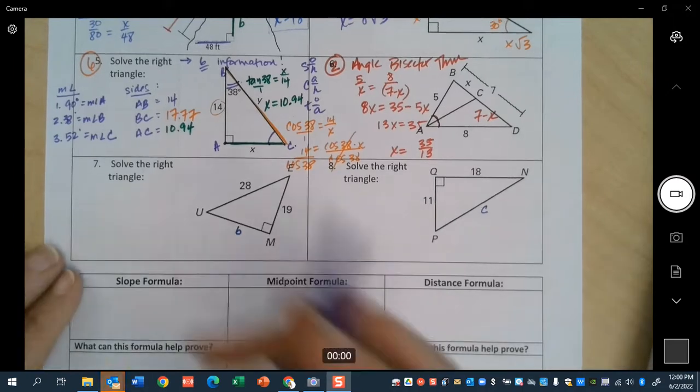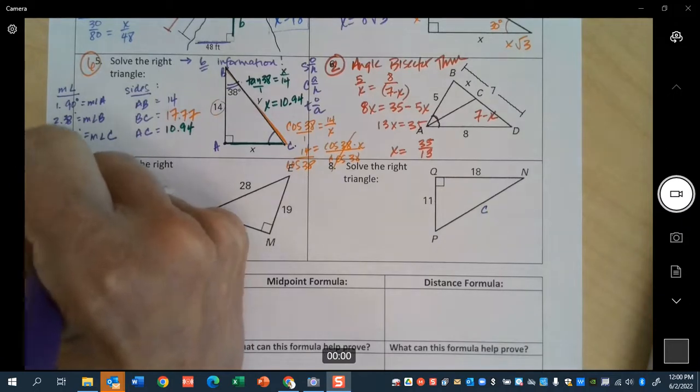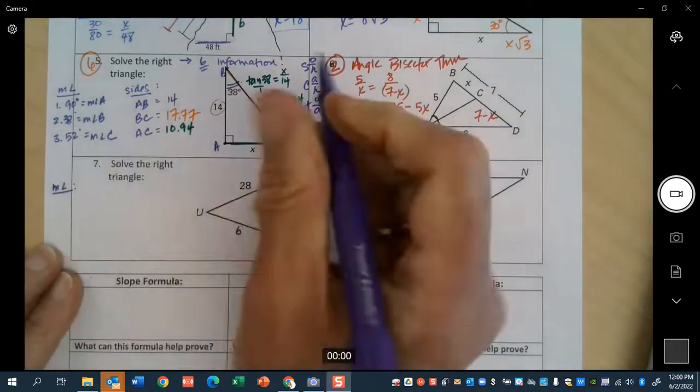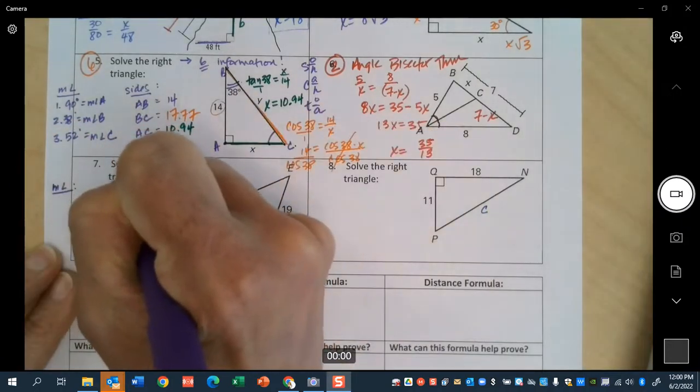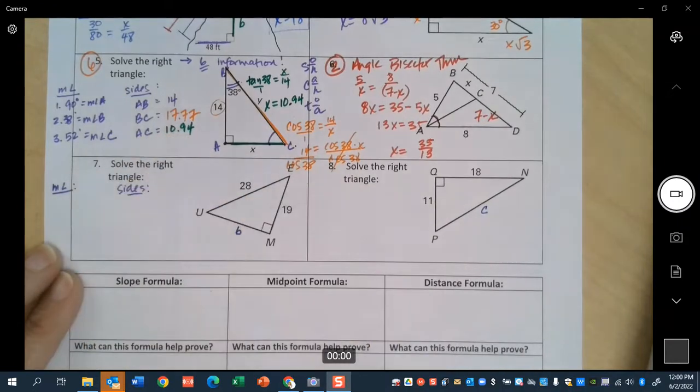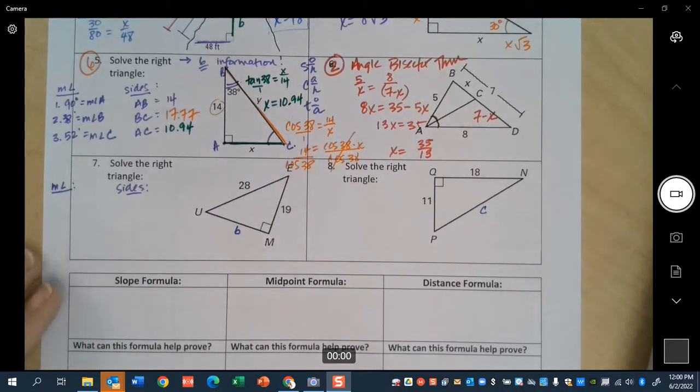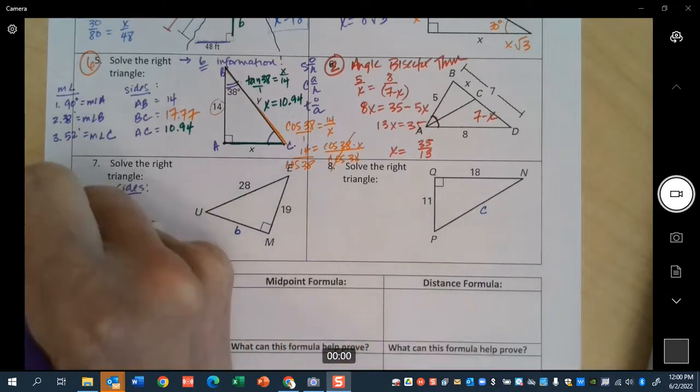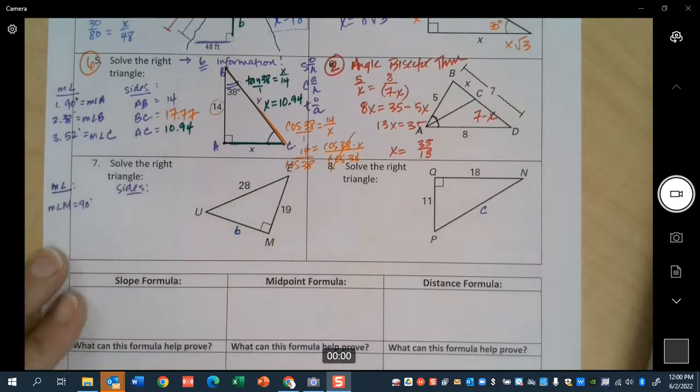If you want to solve these and not lose any of your measures, what you need to do is use Pythagoras to find the side that you're missing. All right, let's talk about what we have. The measure of angle M is my 90-degree angle.